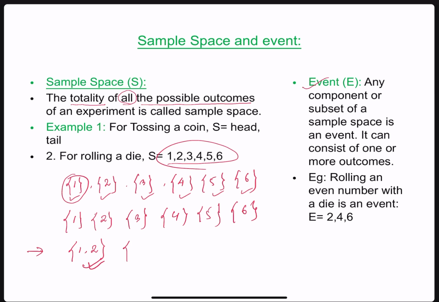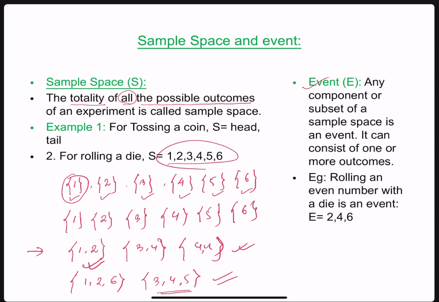Suppose later on you get 3 and 4, or even 4 and 4. These are all events. In case you roll a die 3 times, let's say we get 1, 2, and 6. All of these are called events, or we can say a subset of a sample space.